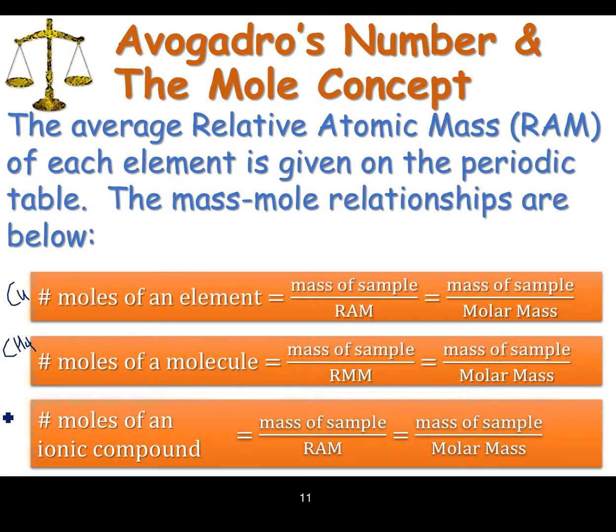And finally, for ionic compounds, let's say potassium fluoride, it is again mass divided by the relative formula mass we talked about. Ionic compounds have formula units. So it's the mass of the sample divided by the molar mass given here.